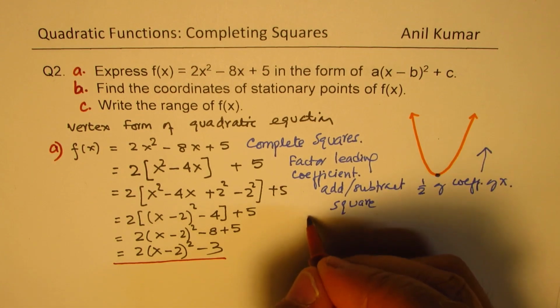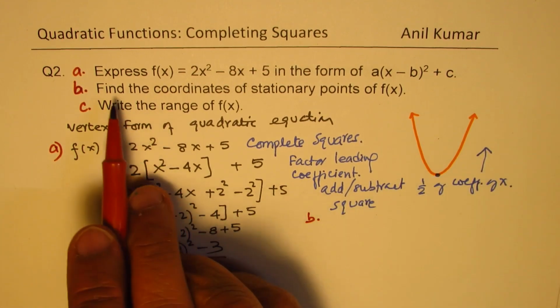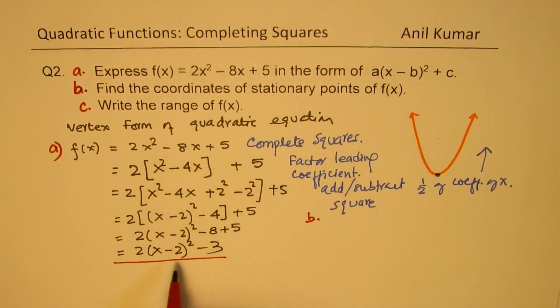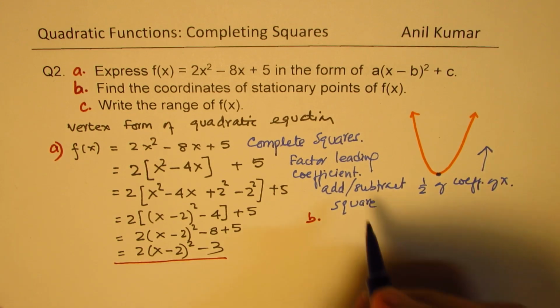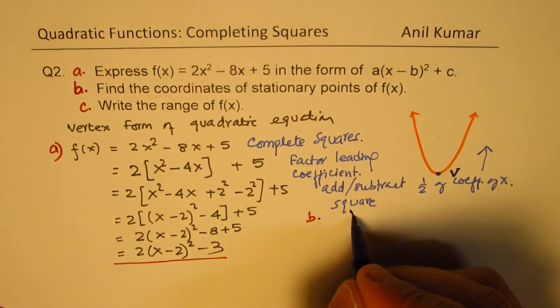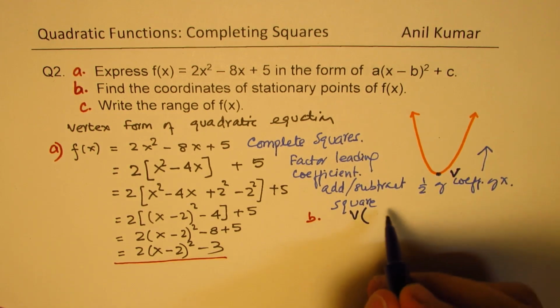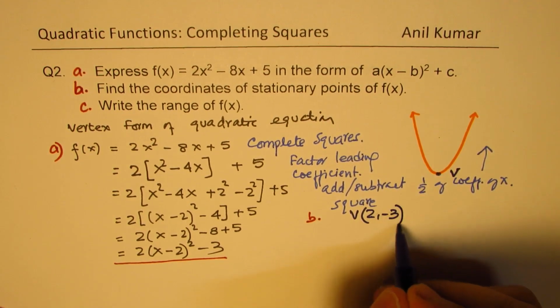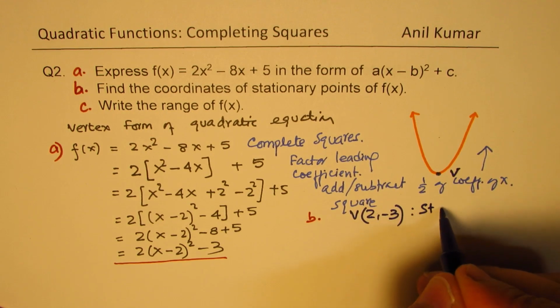And now let's do part B, which is find the coordinates of the stationary point. Now the coordinates of the stationary point you can directly read from the vertex form. Let's call this V, the vertex. So the stationary point is (2, minus 3). So that is our stationary point.